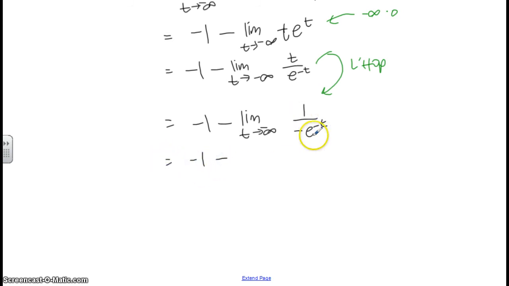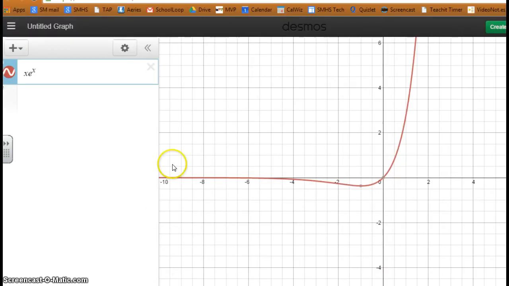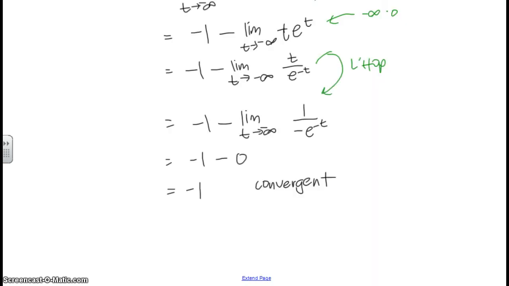Now it's easier because as t approaches negative infinity, this becomes positive, so the denominator becomes infinitely bigger, which makes this 0. I get a convergent area of negative 1. So going back to that graph, that means this area right here is a convergent area of negative 1.